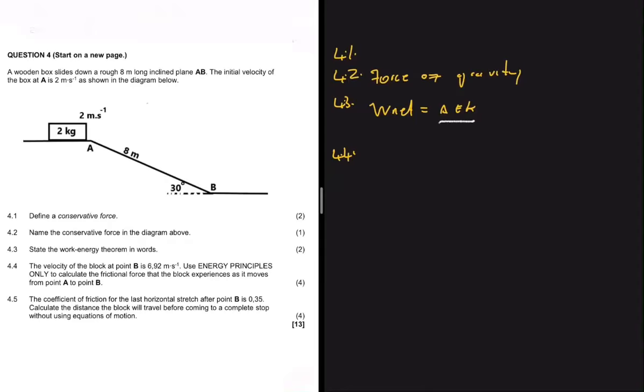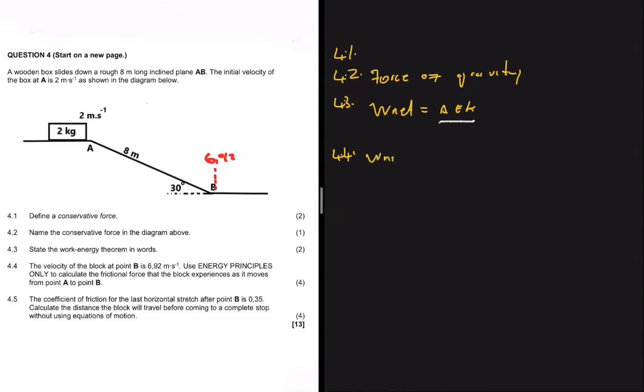So at this point we have 6.92 meters per second at point B. And then the question goes on to say to use energy principles only to calculate the frictional force that the block experiences as it moves from point A to point B. When the question says let's use energy principles, there are two equations we can use.